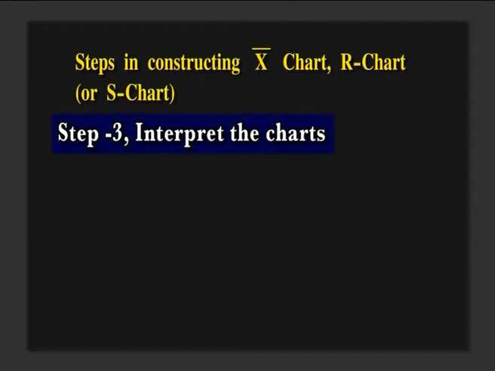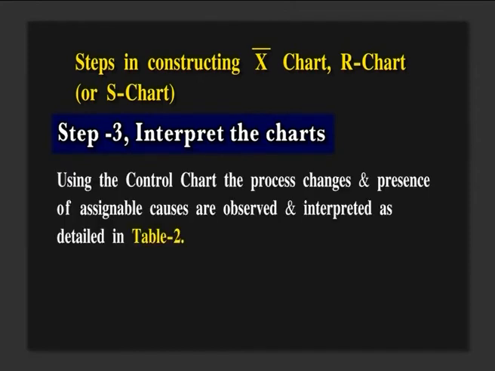Step 3 is interpretation of the chart. Using the control chart, the process changes and presence of assignable causes are observed and interpreted as detailed in Table 2.